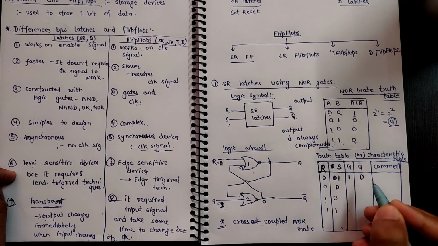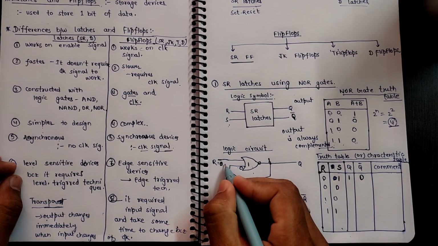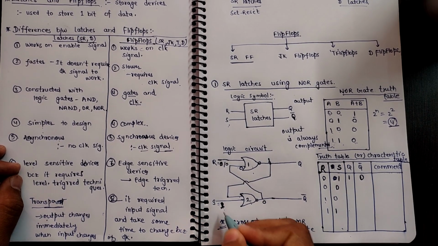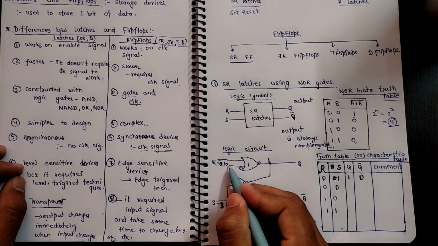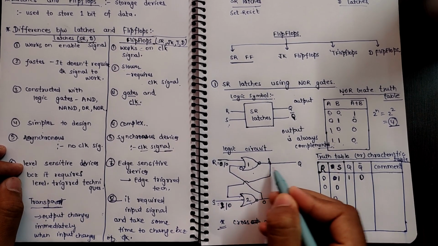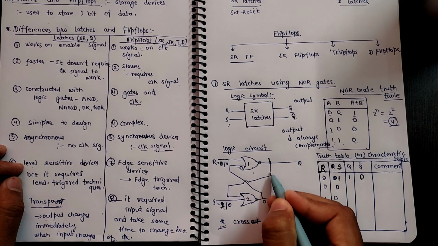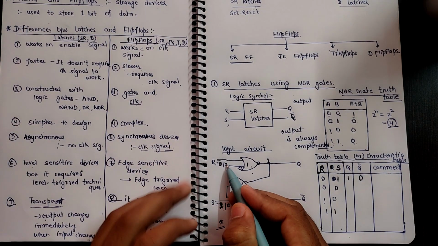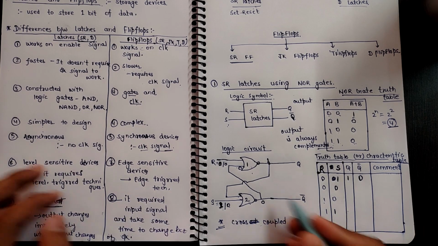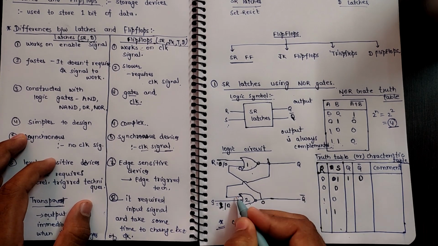Considering the same output, we will take another case as R is equal to 0 and S is also equal to 0. Now here we have R is equal to 0 and we have this output is equal to 1. We will consider the previous output to get the result of 0 and 0. So we have 0, we have 1.